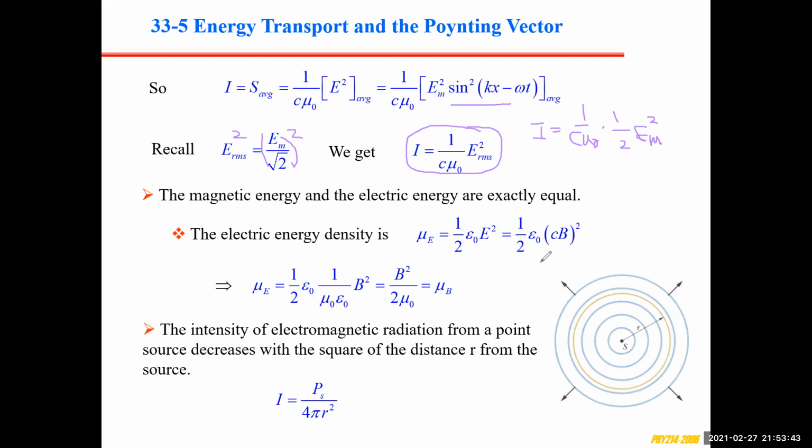And we can further expand C, which is equal to 1 over square root of epsilon naught mu naught. So when you square it, that gets canceled, and you get B squared over 2 times mu naught. And what is B squared over 2 mu naught? That is just the magnetic energy density.